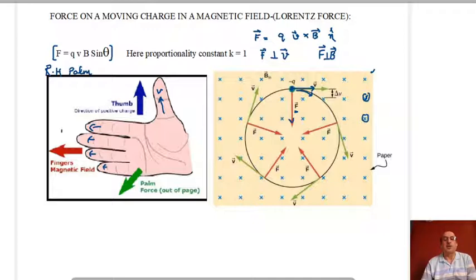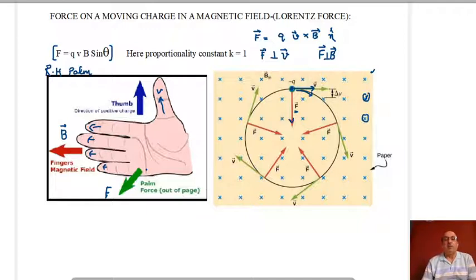This is the direction of magnetic field B. The Lorentz force is represented by the direction of the palm, shown by the green arrow, and this is the Lorentz force acting on the charge which is moving inside the magnetic field.